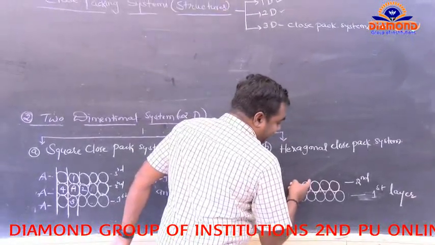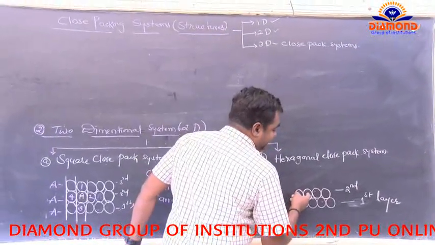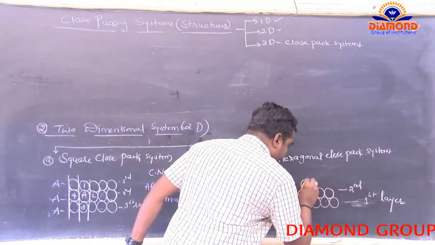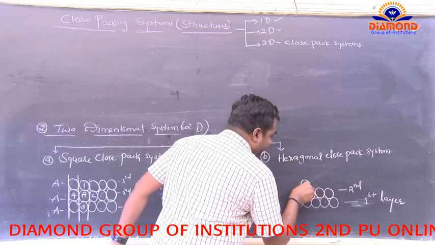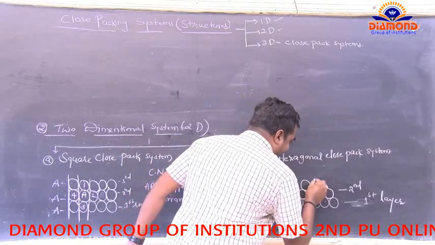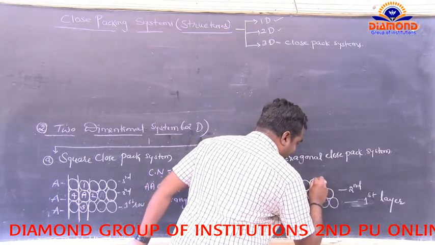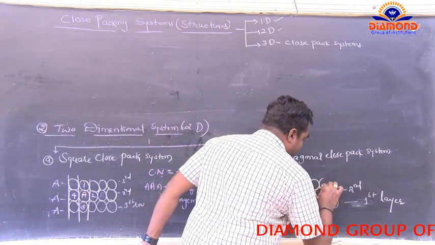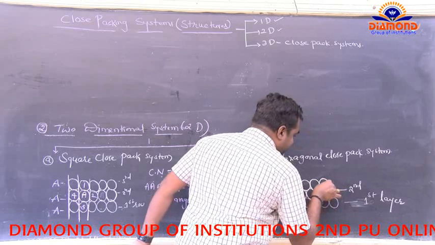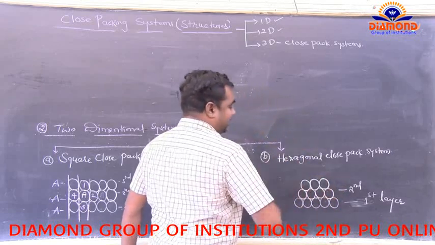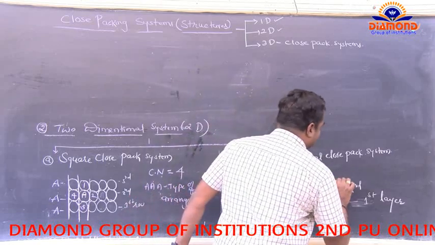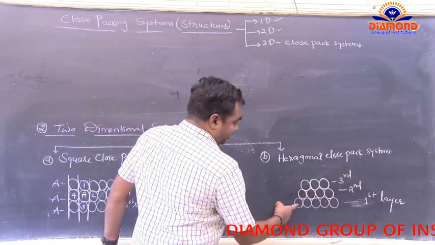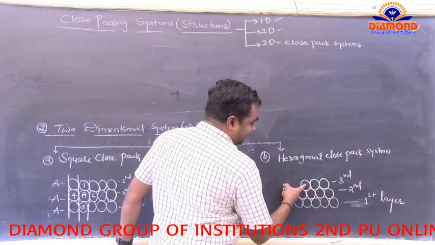Again, the third layer is placed in between these two. Again, in between these two, it is the atom. In between these two, it is the atom. So it is the arrangement of the third layer. It belongs to the third layer. So first layer, second layer, third layer.